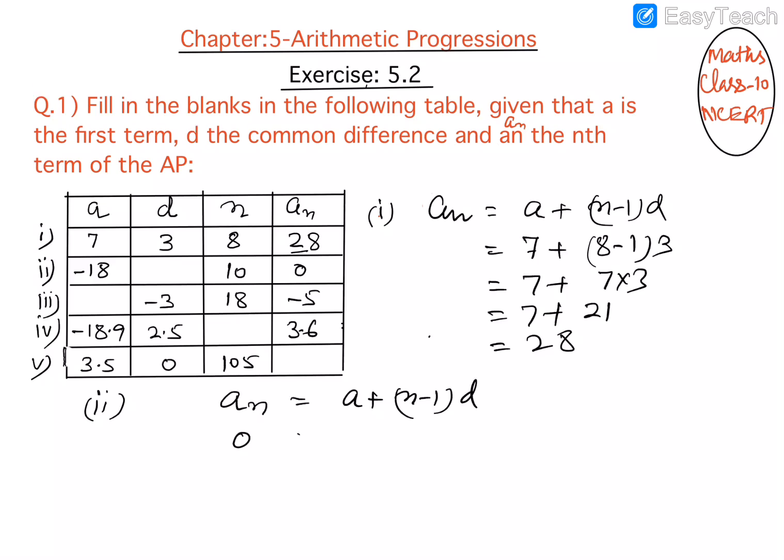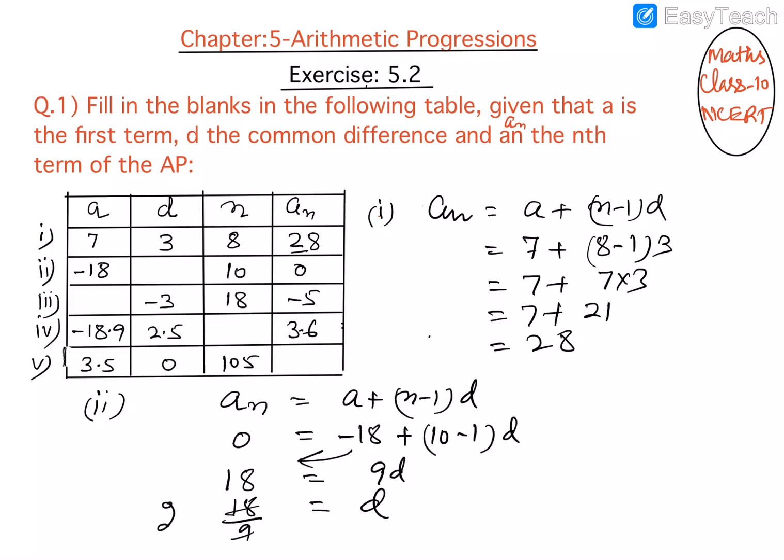The value of an is given 0, a is minus 18, n is 10 and d is to be found out. Transfer this term to the right side, it becomes positive. This is 9d, so d is 18 by 9, that is 2. So we have to fill 2 here.